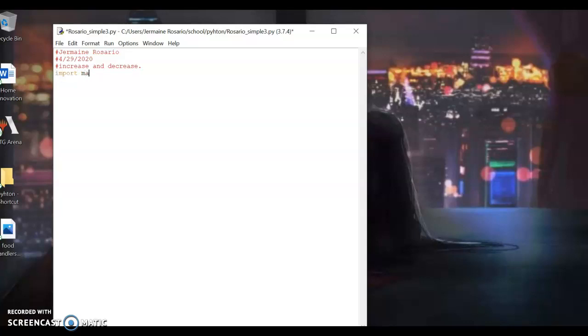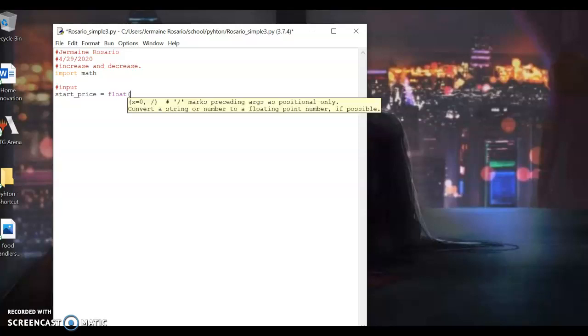So again, import the math library, get the user's input, and then the starting price, and then we get the float of the item to get the 2 decimal points after the initial price, and then input for the user, and then enter the price of a product in the dollar amount.